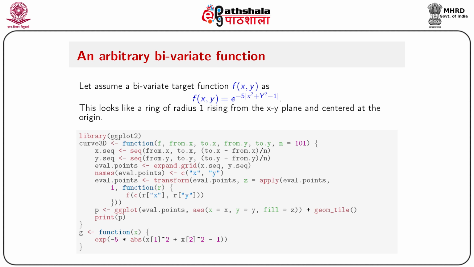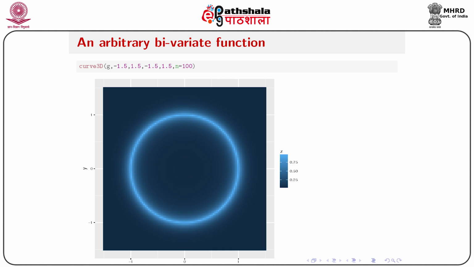If you draw it from minus 1.5 to 1.5, minus 1.5 to 1.5, and n equals, say, 100, that will give you this 3D plot. So this is the bivariate function of the arbitrary equation that I assumed.